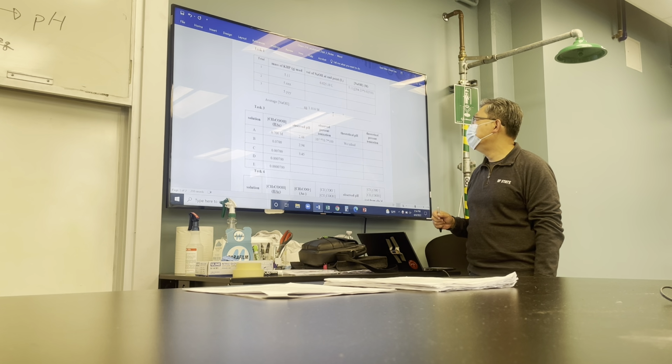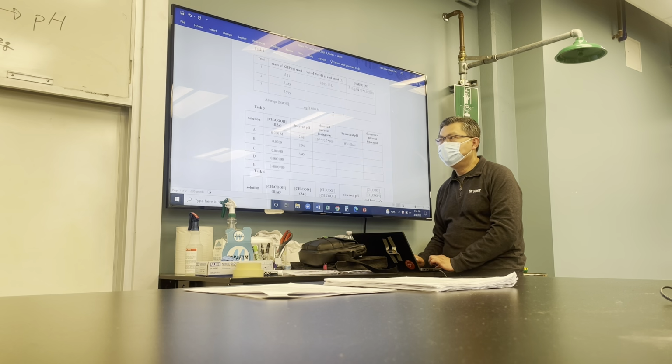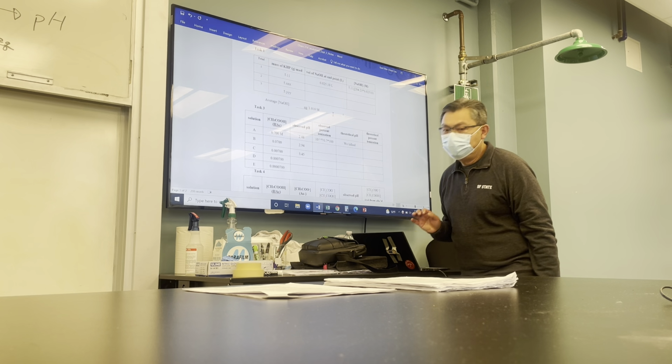Then I would not bother with the plus minus if you only did 2. If you did 3, then you can have a standard deviation. With 2, of course you can still do it, but it's just not very meaningful. Are we good? All right. Okay.